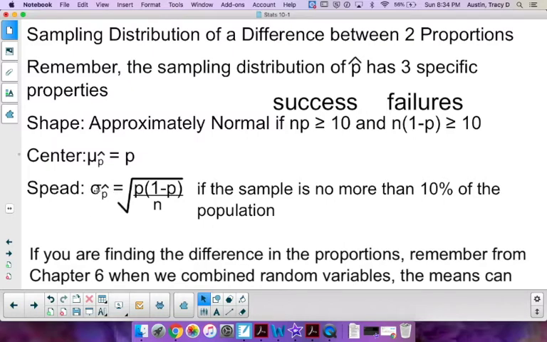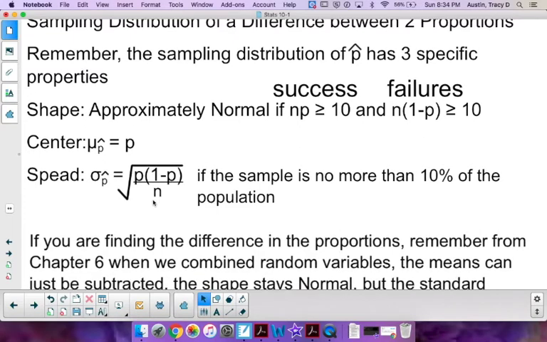The standard deviation of the statistic was this square root formula, and it works when the independence rule is in place. So we're going to combine what we learned in chapter 7 with sampling distributions with what we talked about in chapter 6. I know, I can see the eye rolls. I know it's been a while.